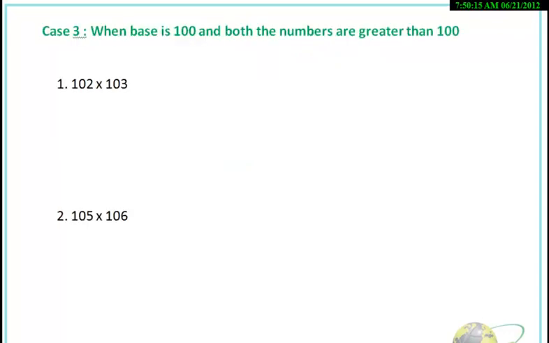Now let's take the cases where the base is 100 and both the numbers are greater than 100. Okay, let's begin. It's 102 and 103. Now in the previous case we subtracted the numbers from 100.